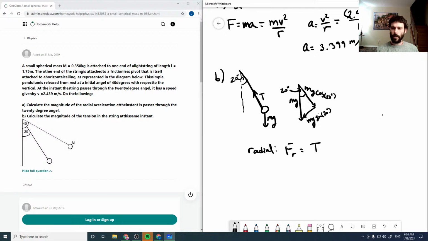We have our tension, which acts straight up, minus mg cosine of 20 degrees, and that equals our ma. So that means that we can rearrange this for our tension. So our tension is just ma plus mg cosine of 20 degrees.